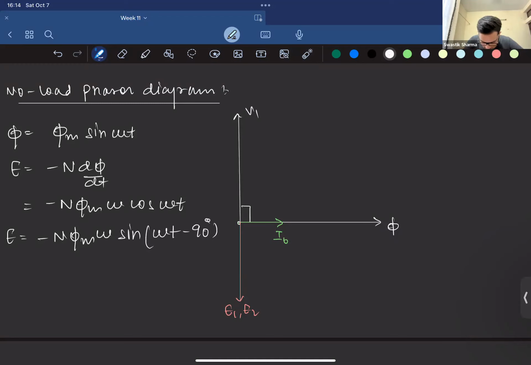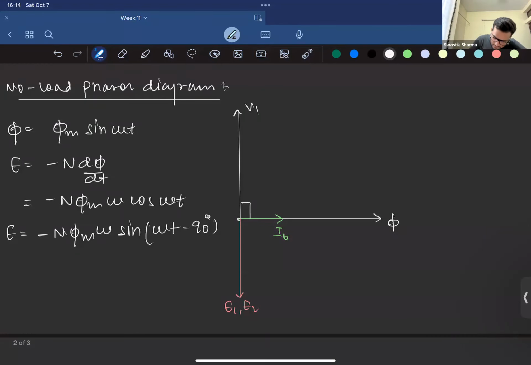So this means that the induced EMF opposes the flux production, and it lags it by 90 degrees, right? That's how I've written these two terms. Now, since we are at it, we can also represent it. So this is the maximum EMF, right? So we can write E is equal to Em sine of omega t minus 90 degrees, right?